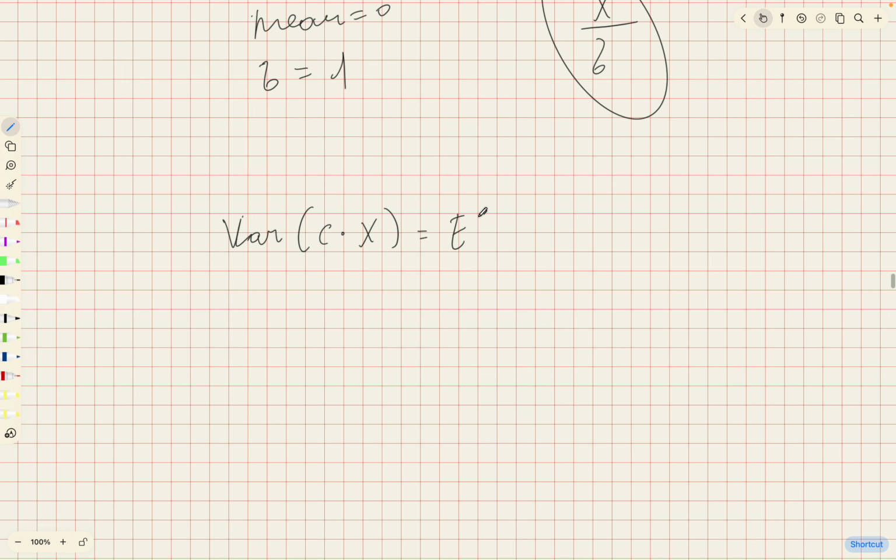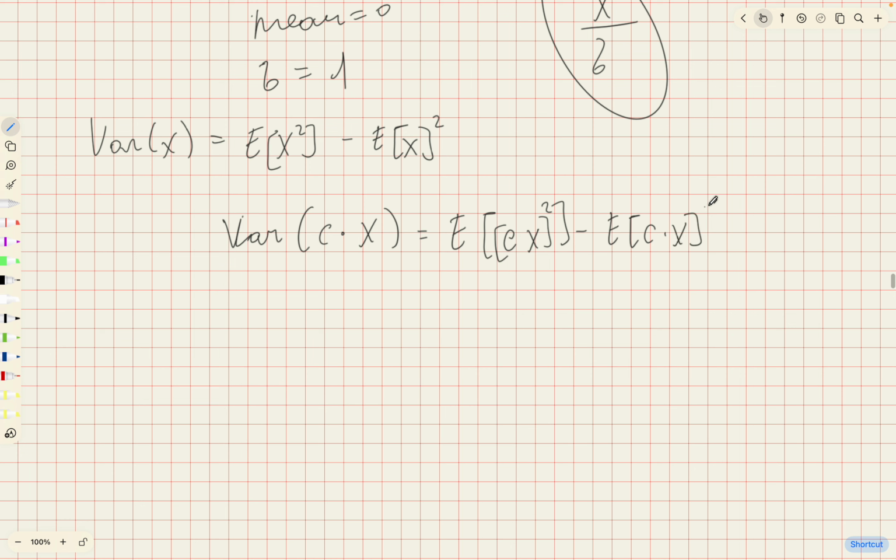You know from the previous videos that the variance of x is the expected value of x squared minus the expected value of x squared. And with the same thing, what we do here is the expected value of Cx squared minus the expected value of Cx, squared.